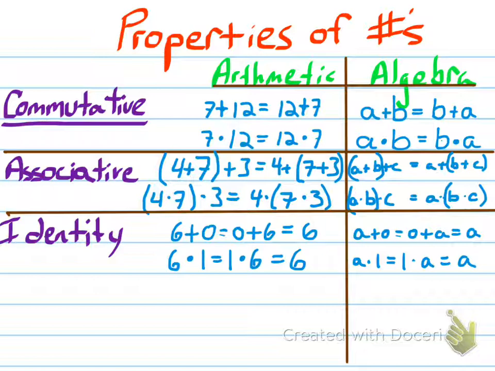Now, something I need to explain real fast. This is arithmetic, and what it means is basically we're just using numbers and operations. This over here is algebra, or the algebraic way of doing things, and it's using letters or symbols, variables, and operations.